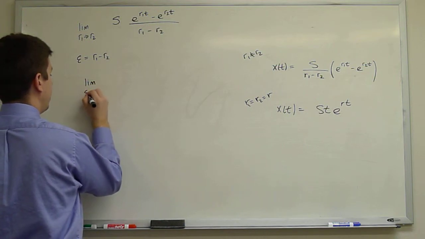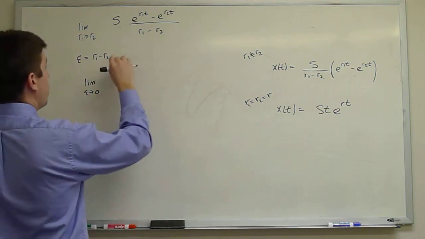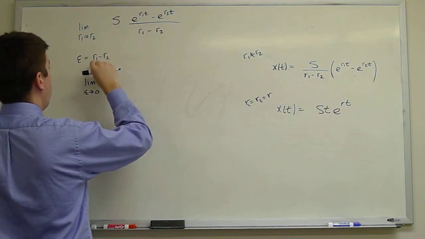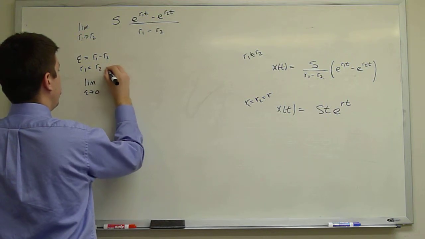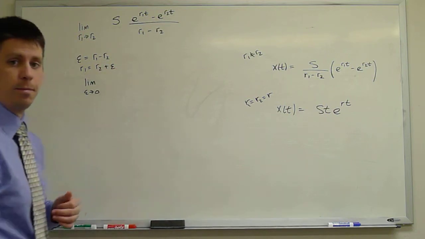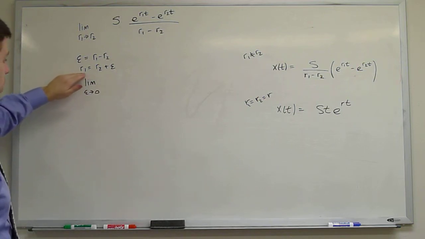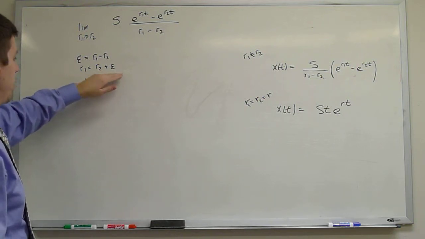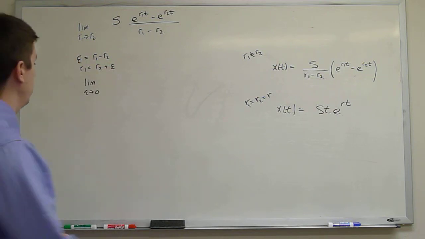This is the limit as epsilon goes to 0. And I'll rewrite my R1s as R2 plus epsilon. So this is just a change of variable. I'm replacing my R1s with R2 plus epsilon. Epsilon then is something going to 0, the difference R1 minus R2.